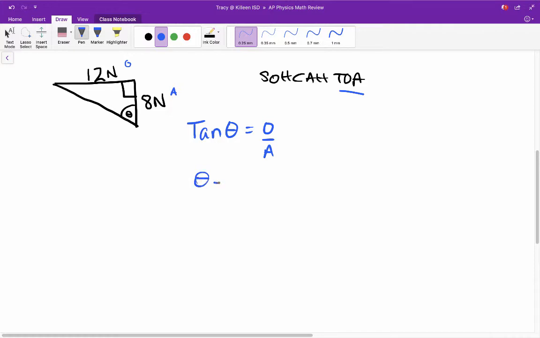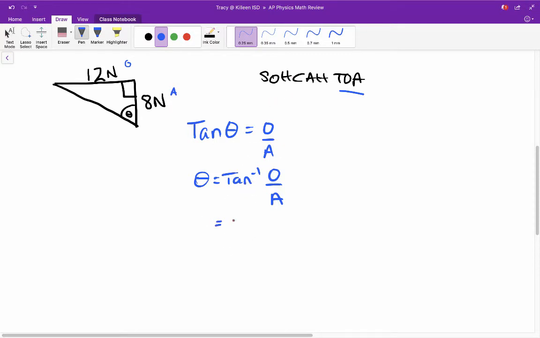So theta is going to be the inverse tan of opposite over adjacent. That's how you use that. If you're looking for the angle, then you're going to do the inverse of tan, or the inverse of sine, or the inverse of cosine.